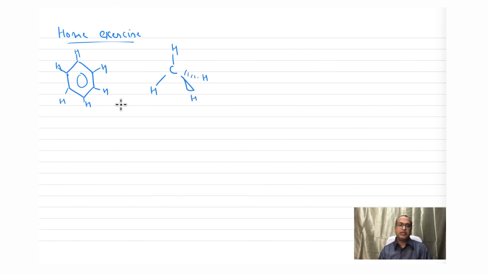How many planes of symmetry are present, and try to do it by yourself. Unless you actually do it yourself, just by looking at videos or other study material, you will never be able to figure it out. If you practice, then only you will be able to figure it out, because you actually have to sit in the molecule and see around yourself what a particular symmetry element or operation is doing.